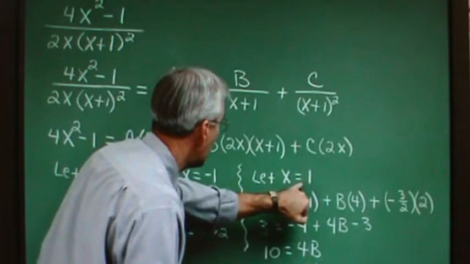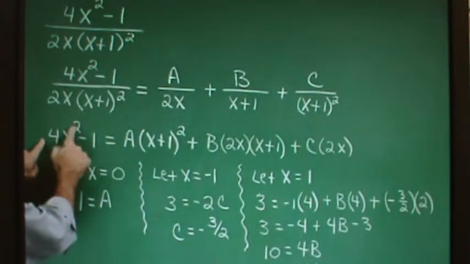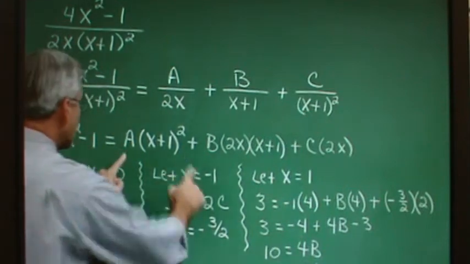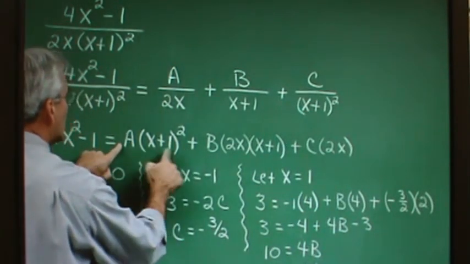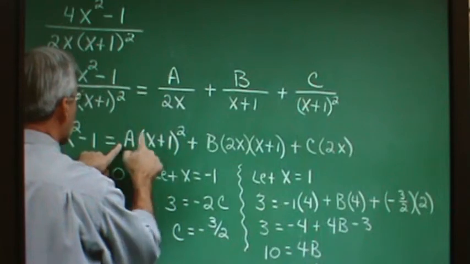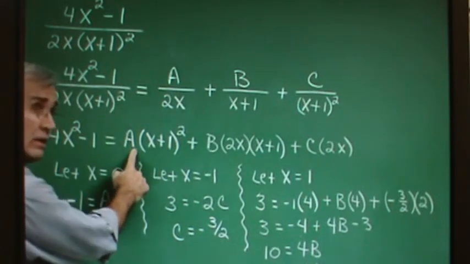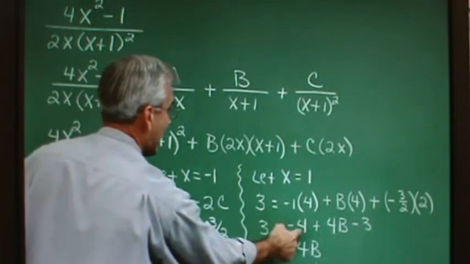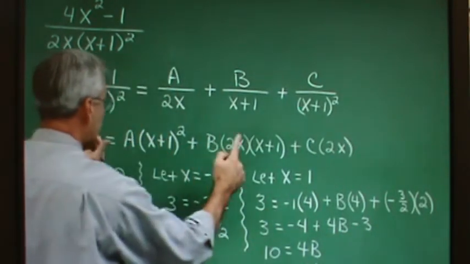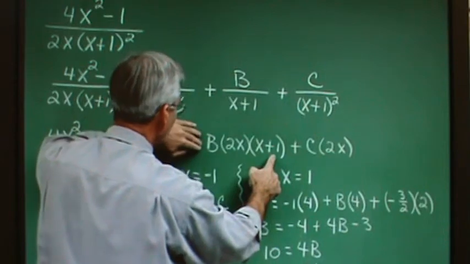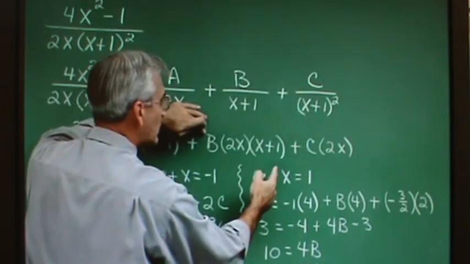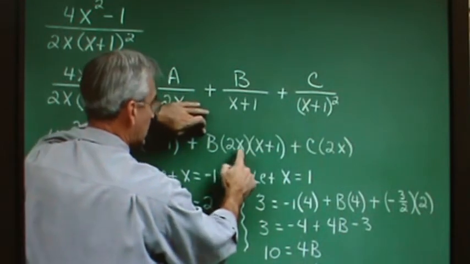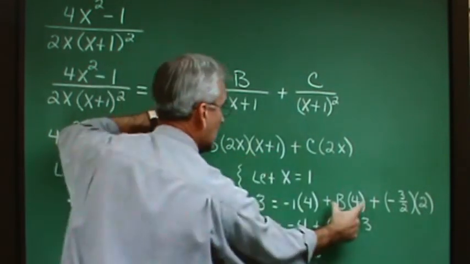Well, if x is 1, then on the left side we would have 1 squared is 1, 4 minus 1 is 3. All right, that's fine. When x is 1 right here, we have 1 plus 1, 2. 2 squared is 4. 4 times a. Aha, a is -1. You see? So 4 times -1, that's -4 for that term. And then here for b, b is what we're looking for, but x is taking on the value 1, so 1 plus 1, 2. 2 times 1, 2. 2 times 2, 4. 4b.